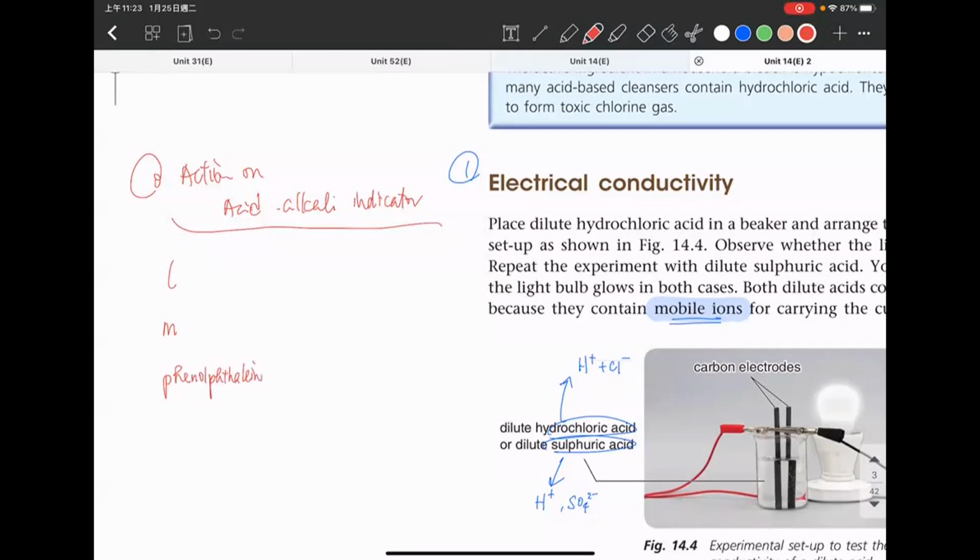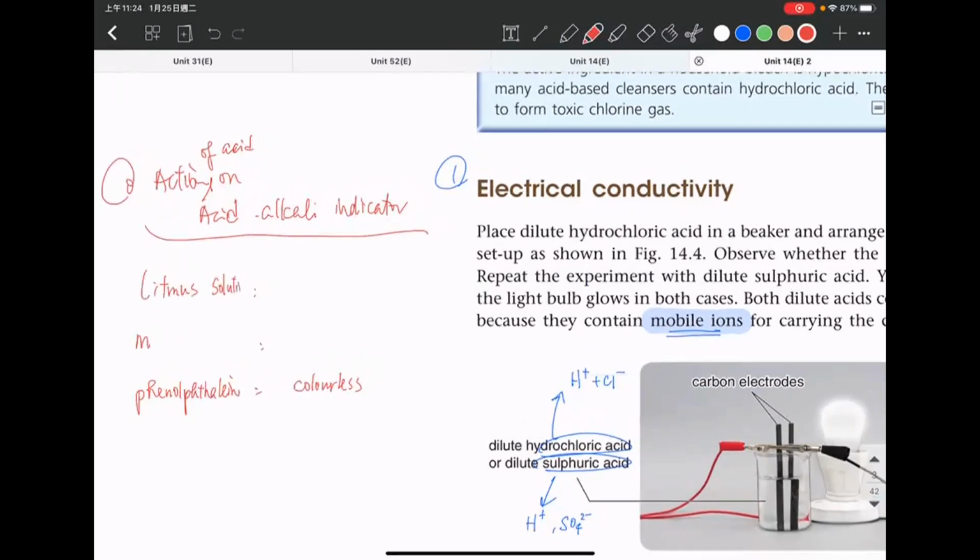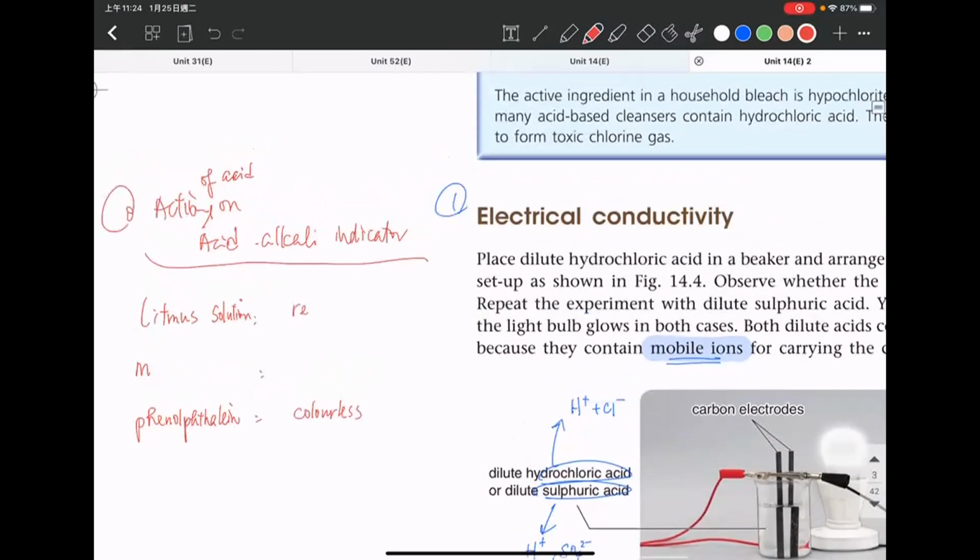So what is the color when I have an acid on phenolphthalein? It becomes, what's the color? Colorless. Yeah, colorless. How about the action of litmus? Treat it like litmus paper, right? So you would use the word litmus solution, while the color is the same as if I use litmus paper: red.